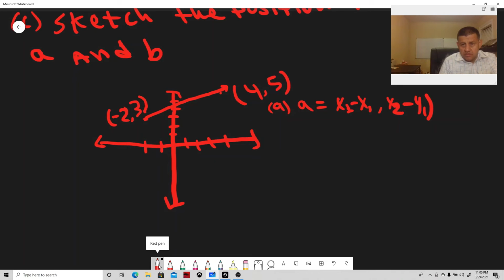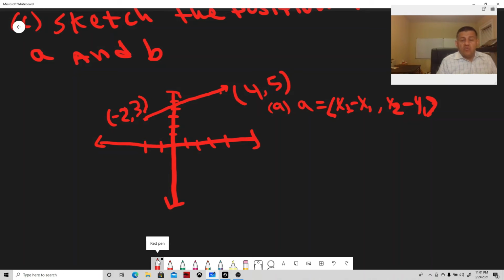Also, everything that you do, you're dealing with vectors, so you should have those little arrows like that. Okay, so let's do this.